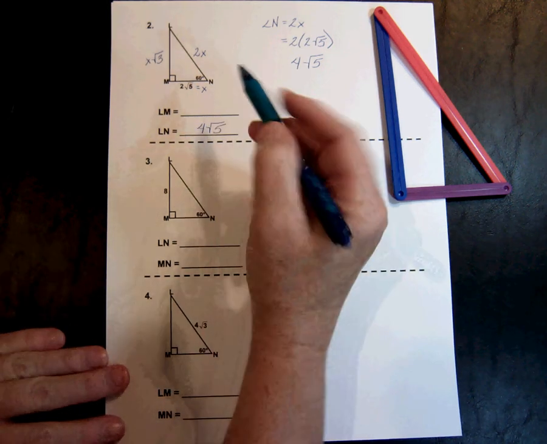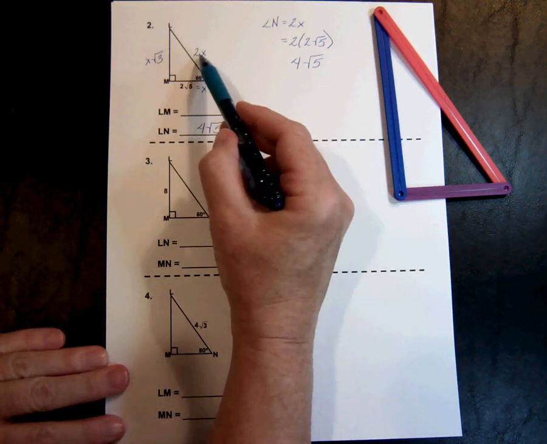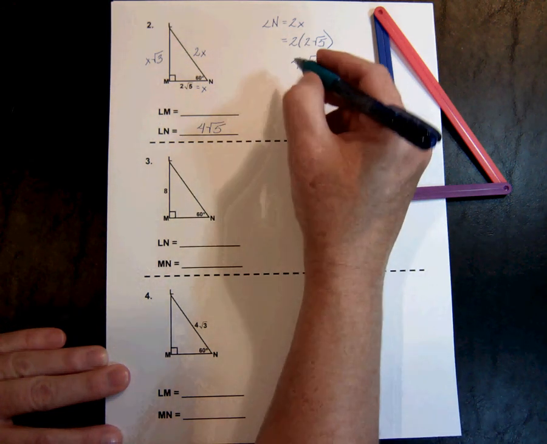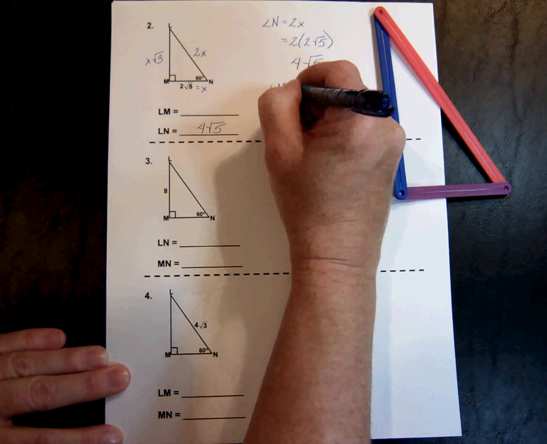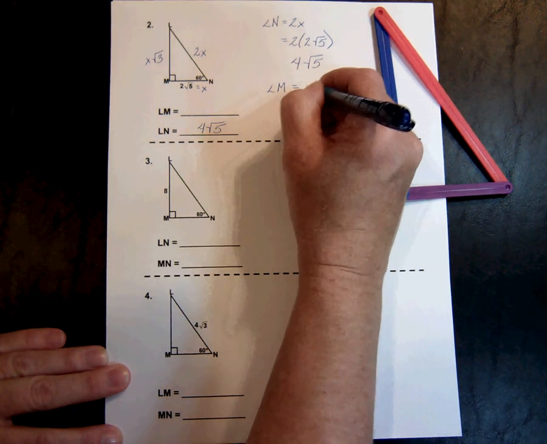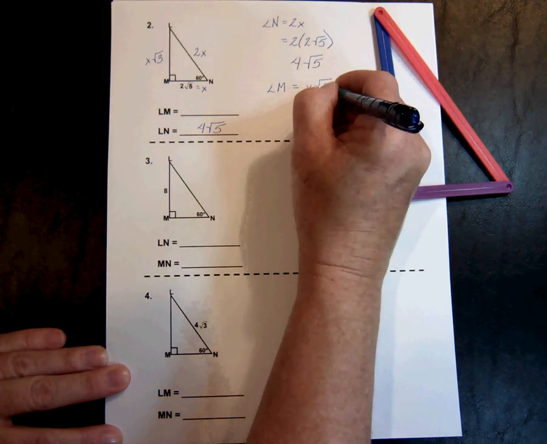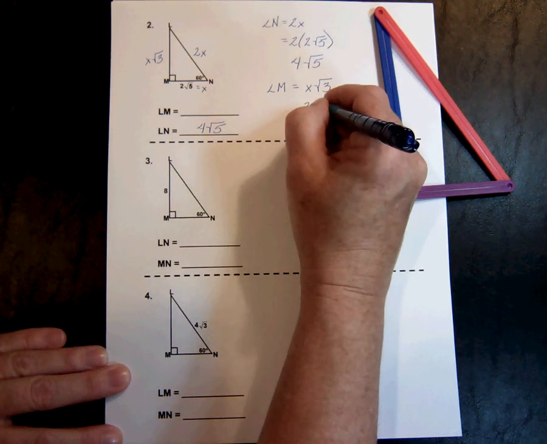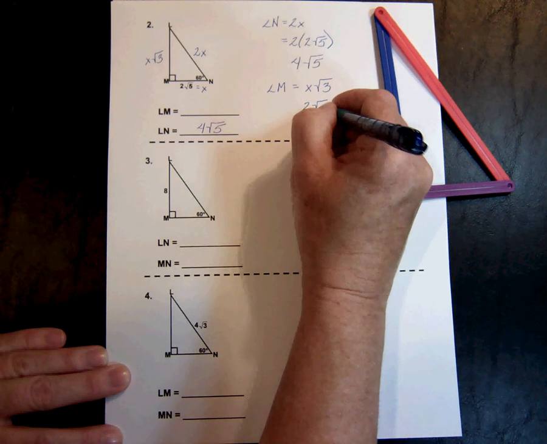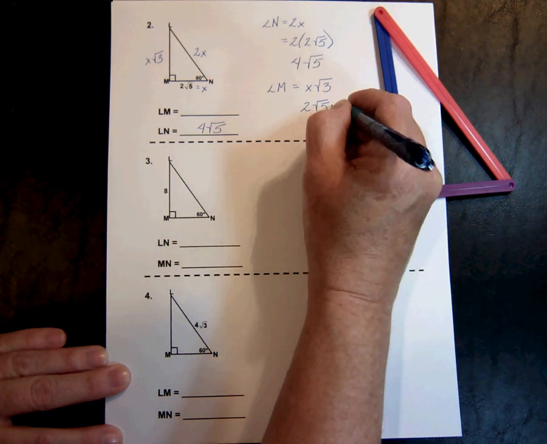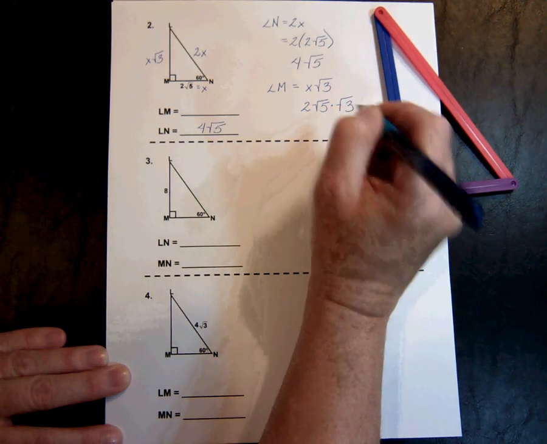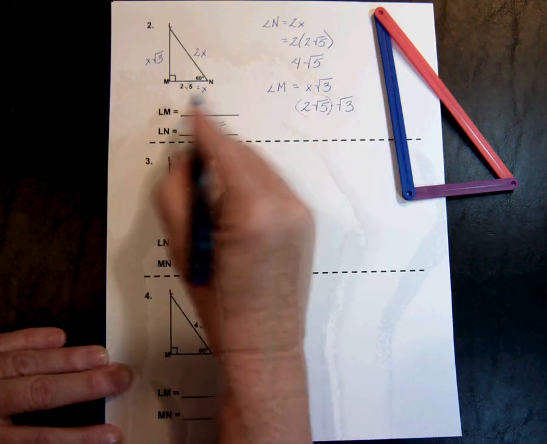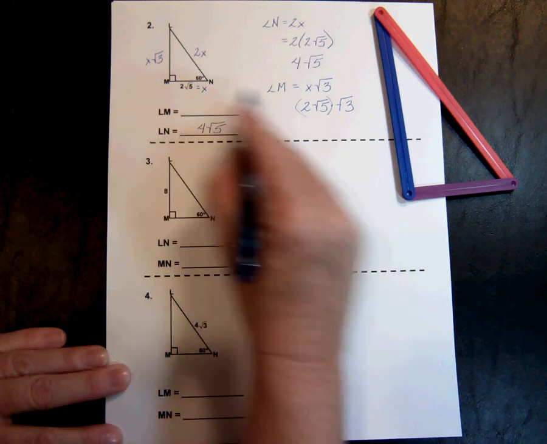And if Ln is 4 square roots of 5, then Lm is going to be equal, we know that it has to be x square roots of 3, and you've got 2 square root of 5 is my x, and you're multiplying that by square root of 3. All I did was I substituted the 2 square roots of 5 as my x, and then multiply it by 3.